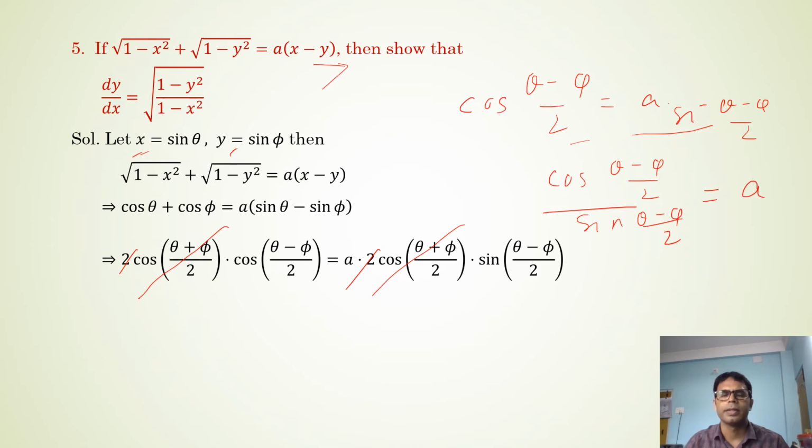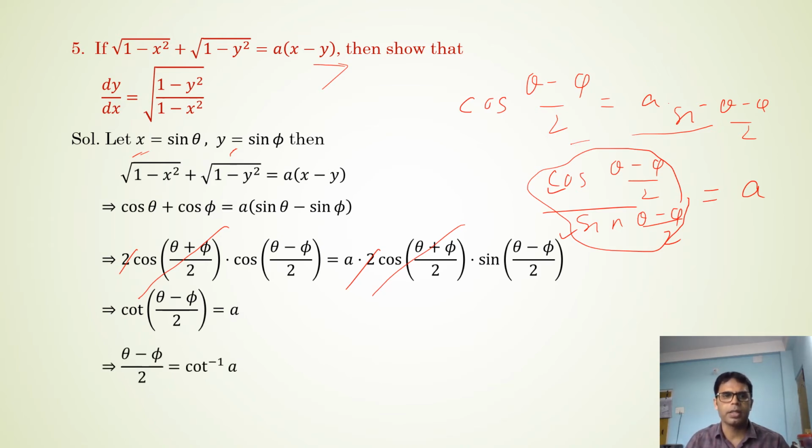This cos by sin is cot, so it is simply cot of (theta minus phi) by 2 equal to a. Then this cot is taken to the right hand side as cot inverse, and this 2 is cross-multiplied to the right hand side. Ultimately we get theta minus phi equal to 2 cot inverse a.